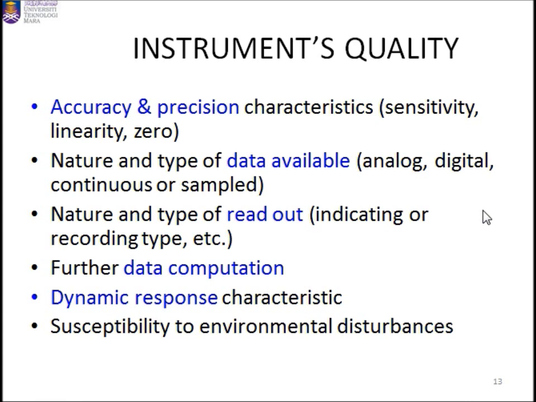What is the indicator? Indicating or recording type, digital or manual? Next is further data computation, dynamic response characteristic, and susceptibility to environmental disturbances. This is the criteria of the instrument quality.